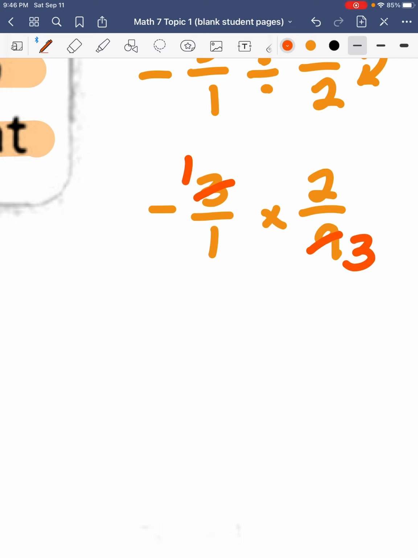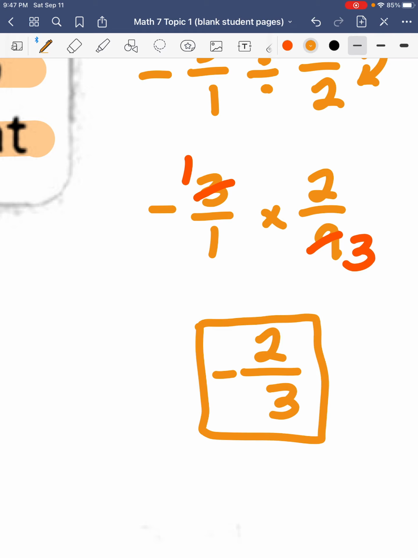So now that I've done that, I'm ready to multiply, and I just multiply across the top. 1 times 2 is 2, and then 1 times 3 is 3, and don't forget to make it negative because we had two different signs. So -2/3 is our answer.